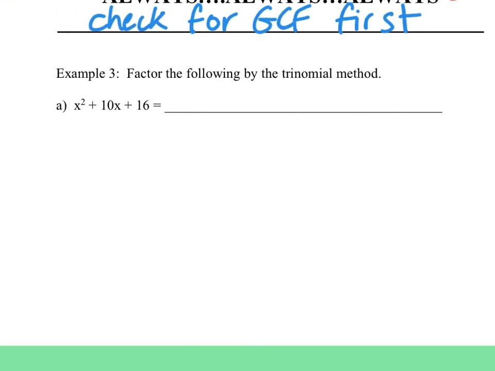Okay. Factor the following by the X method. Cool. We will start off. We will draw an X. On the top of my X, I need my first coefficient times my last term.